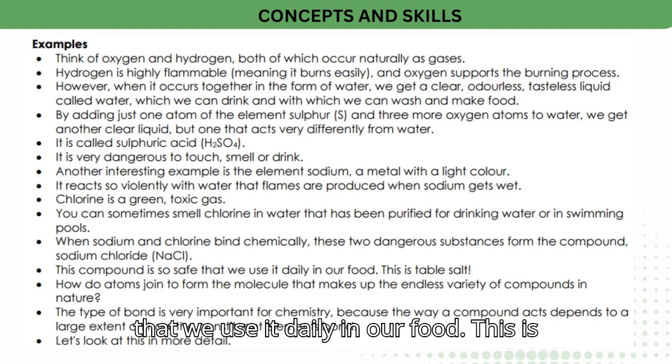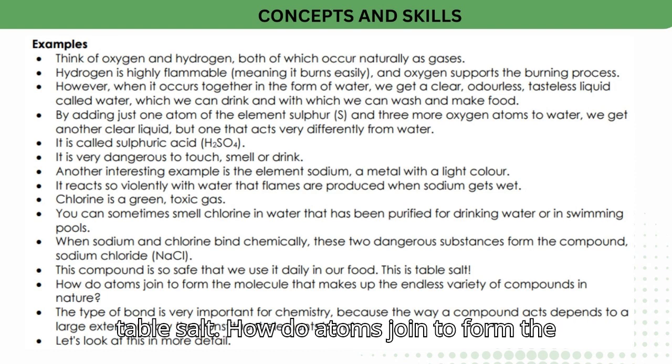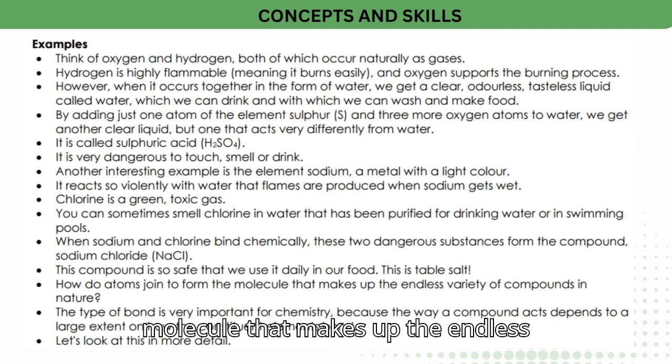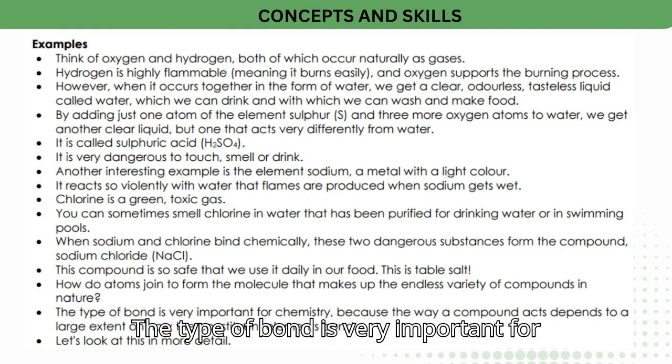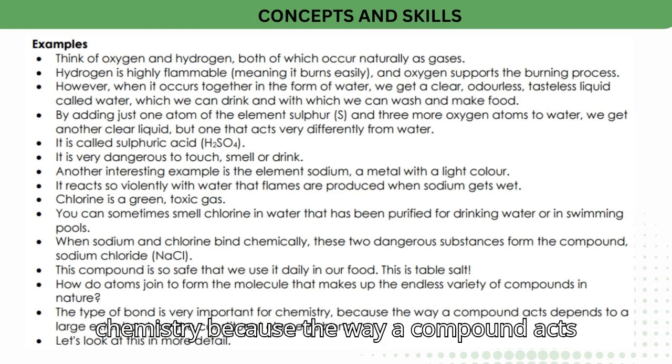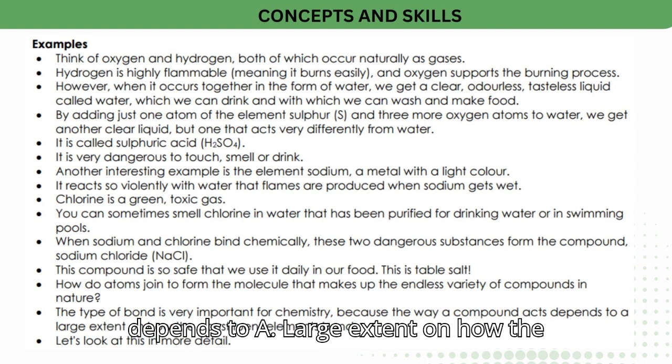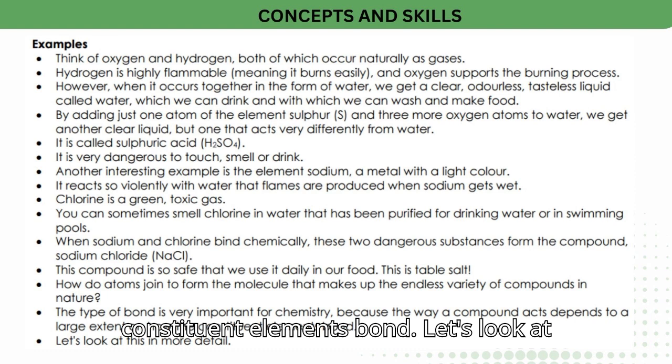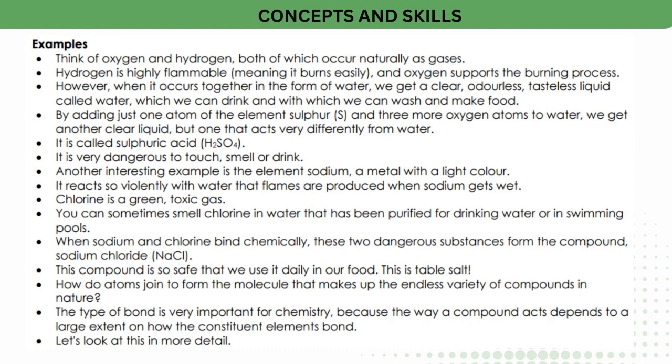This compound is so safe that we use it daily in our food. This is table salt. How do atoms join to form the molecules that make up the endless variety of compounds in nature? The type of bond is very important for chemistry, because the way a compound acts depends to a large extent on how the constituent elements bond. Let's look at this in more detail.